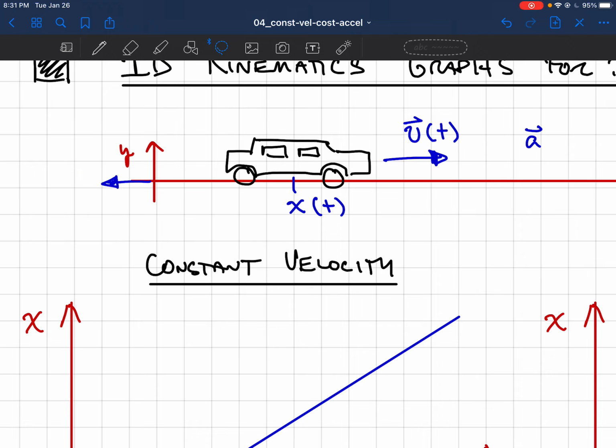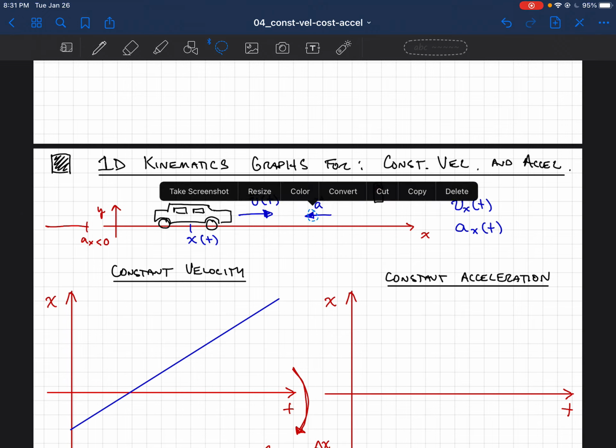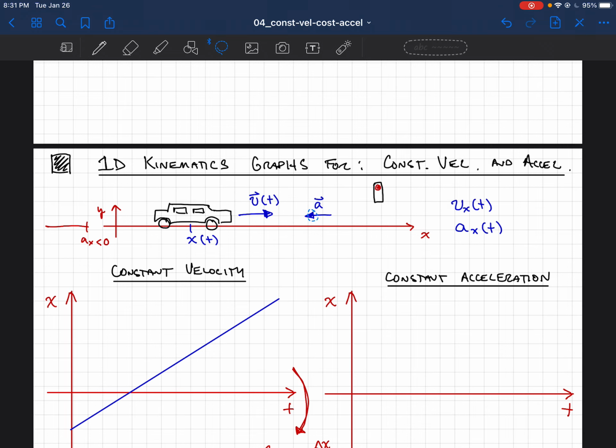on the coordinate system. Then the x component would be this number, a sub x, but that is less than 0. So I chose it for this example to say, well, my car is decelerating. My car is going back, is slowing down.